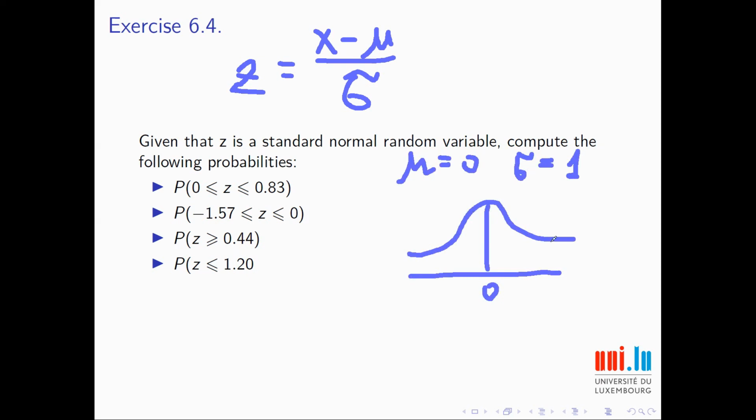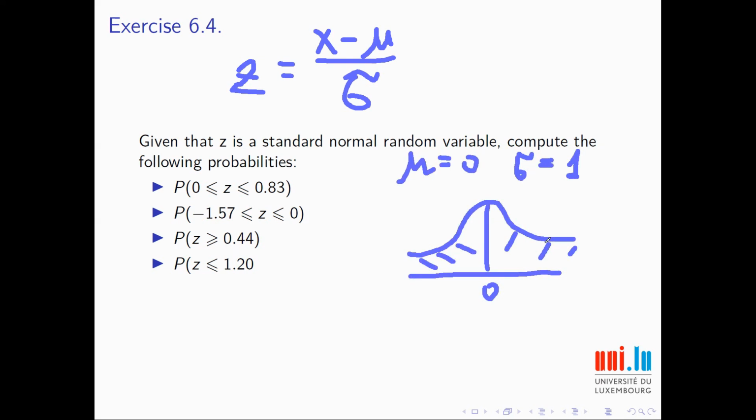It is symmetric, which means that the area under the curve to the left and to the right from the mean is equal. So this is the meaning of symmetry in this case.